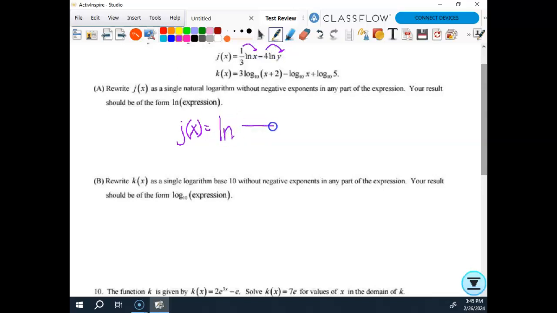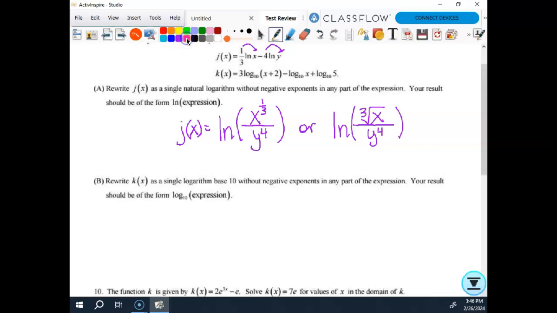That's going to become 1 log with division, x to the 1/3 power over y to the 4th power. And whether you leave it like this, or you say the natural log of the cube root of x over y to the 4th, it just says not negative exponents. Fractional exponents are okay right now. Either one of these is fine.